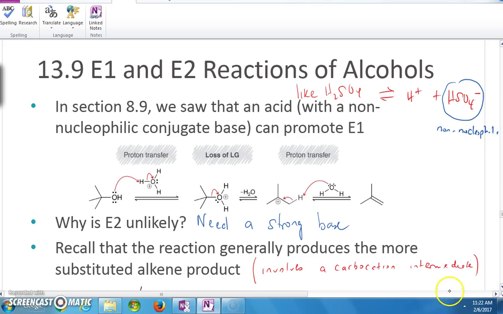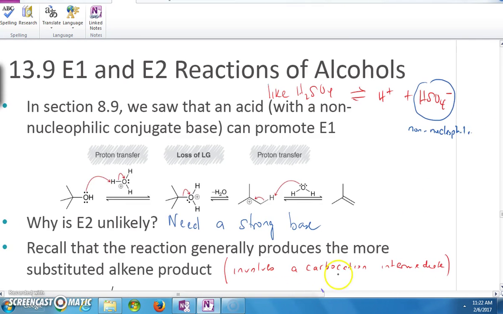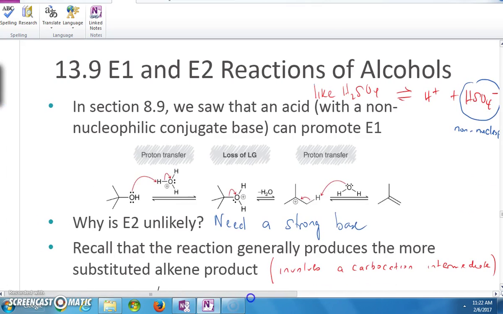This is non-nucleophilic, and so it will not participate. It won't pass as a nucleophile. So we saw that you can promote an E1 reaction because this will facilitate the formation of a tertiary carbocation, which of course can now lead to an E1.